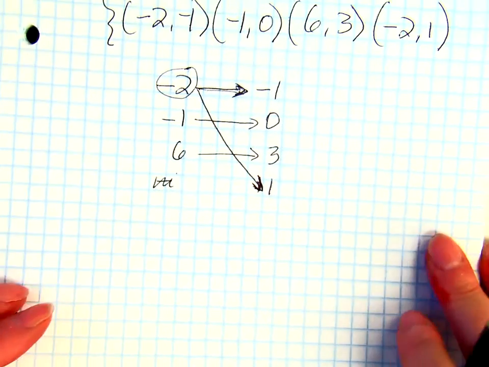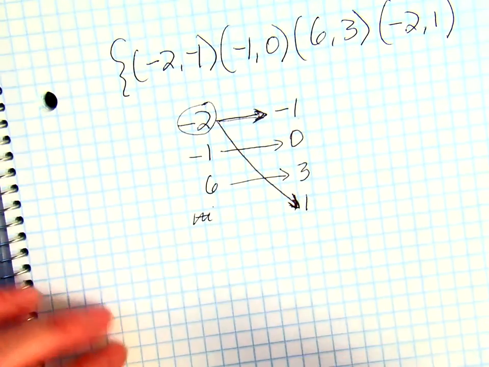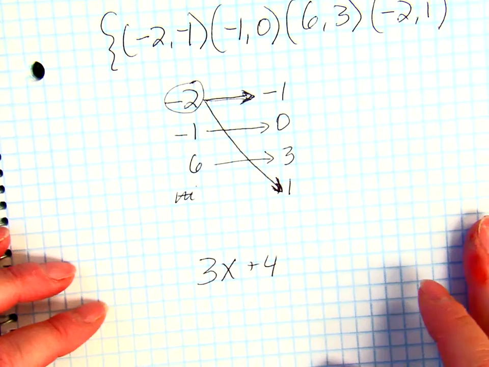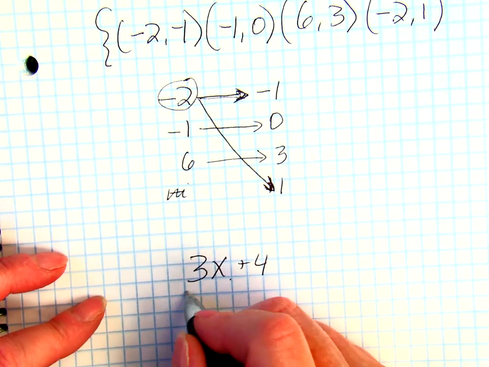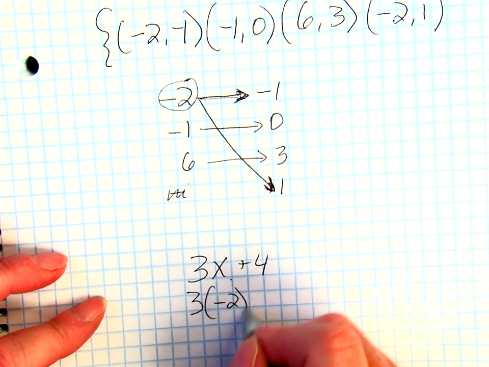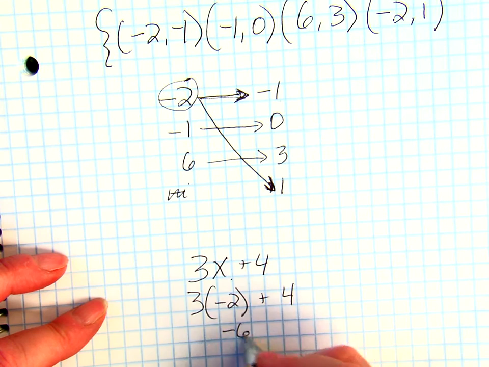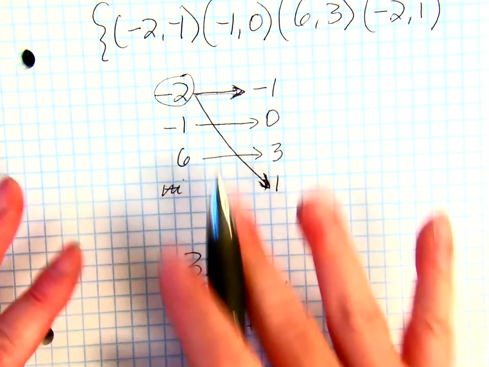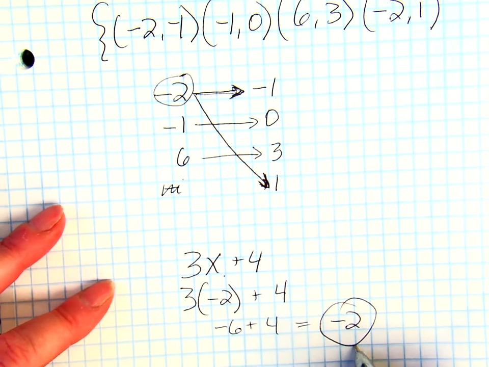Let's go back to the function that we put into our little machine, which was 3x plus 4. If I put -2 into this, 3 times -2 plus 4, this is -6 plus 4, which equals -2. Not one of these answers, but let's not worry about that.